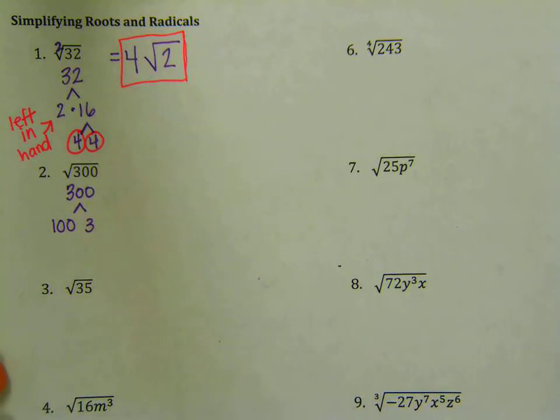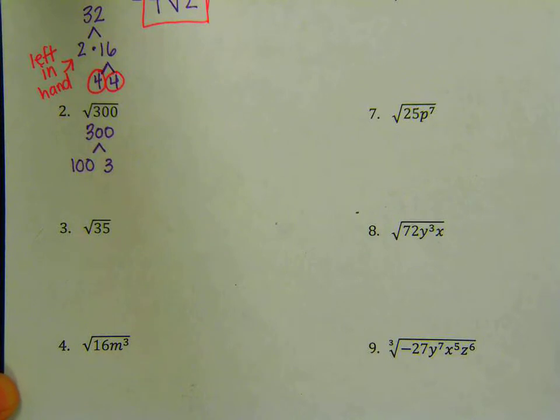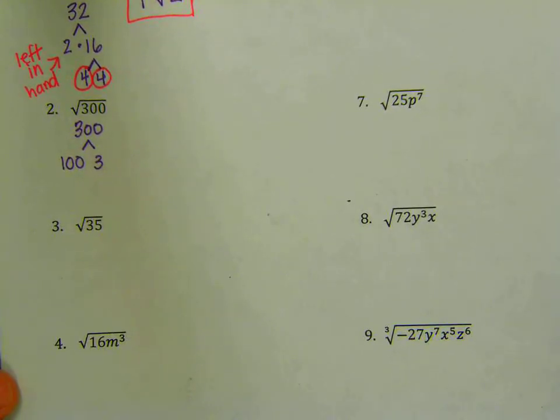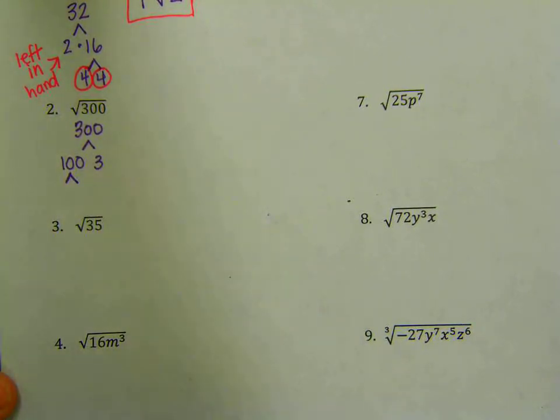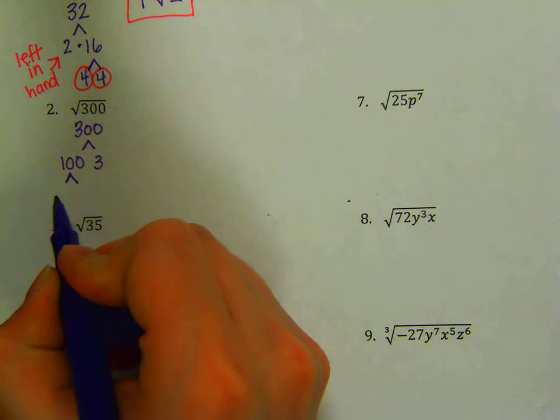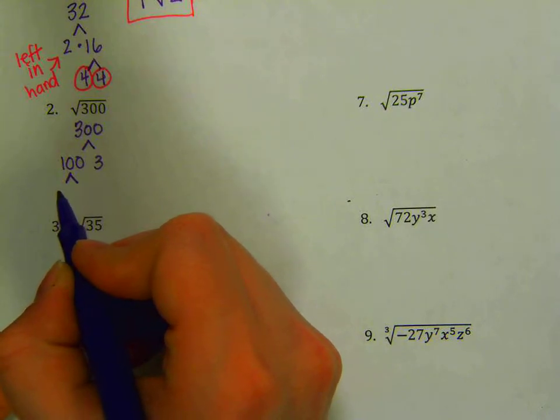All of the ones that you stated will work. It's just some of them take a lot longer to simplify than others. So 100 I can split up into what 2 things? 25 and 4, which would work. But there's another one that's a little bit better. 50 and 2 would also work. There's also another one. 10 and 10.